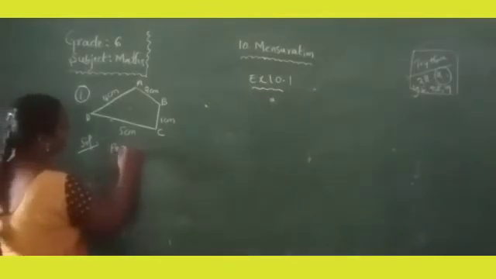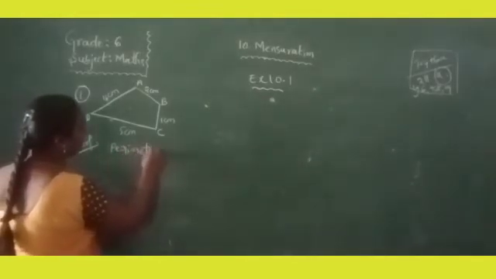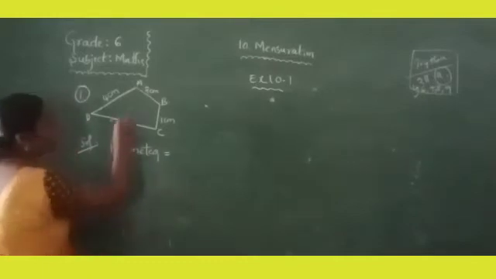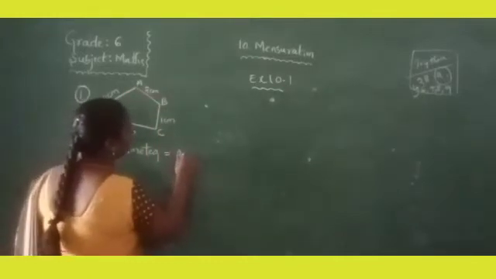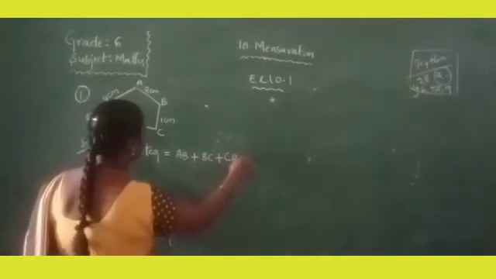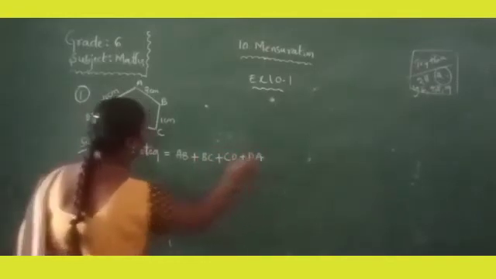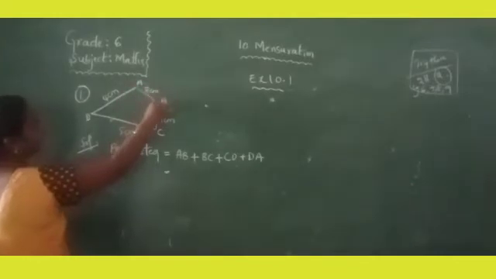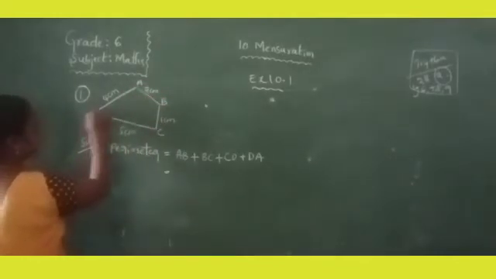Now, perimeter is equal to, write each length: AB plus BC plus CD plus DA. Order is important. AB plus BC plus CD plus DA.